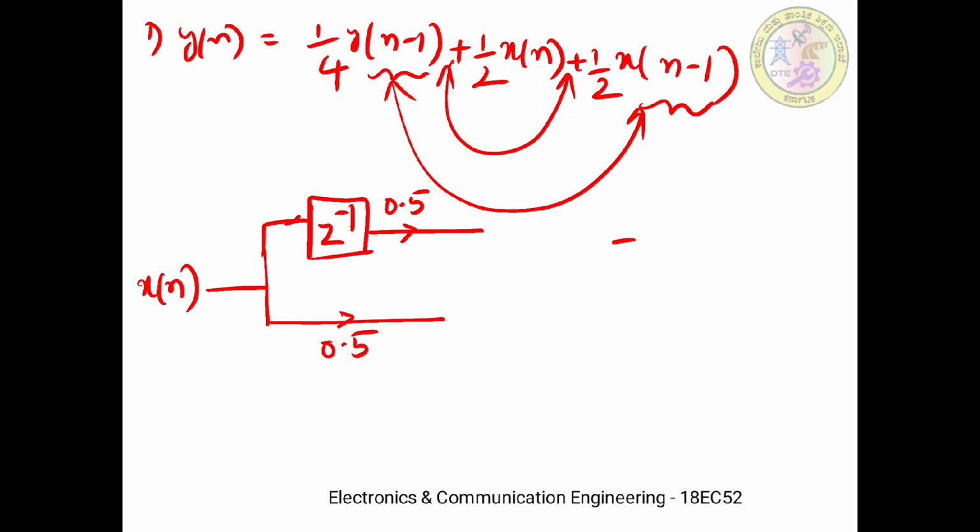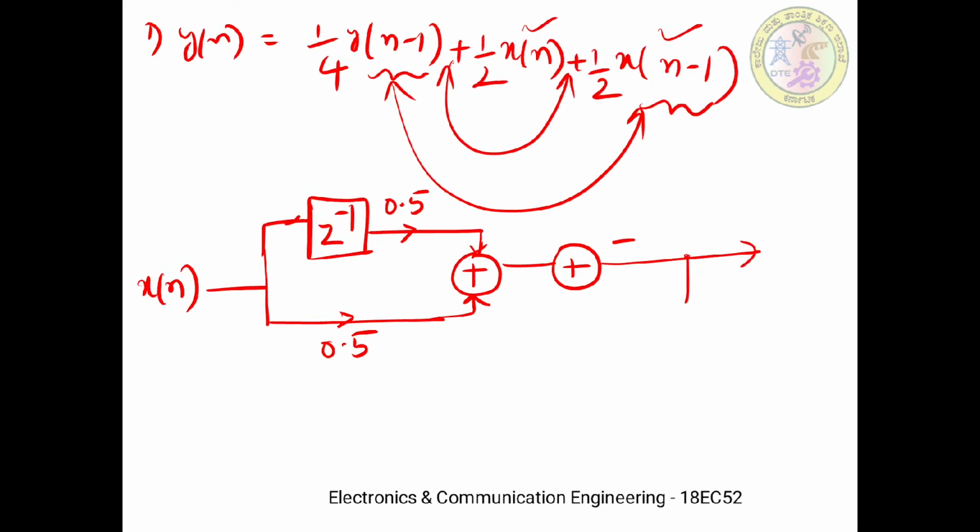And these two are added. You can show the addition between x of n and x of n minus 1. Now this sum will be added to y of n minus 1, so here I need one more adder, to which we are going to add the delay.